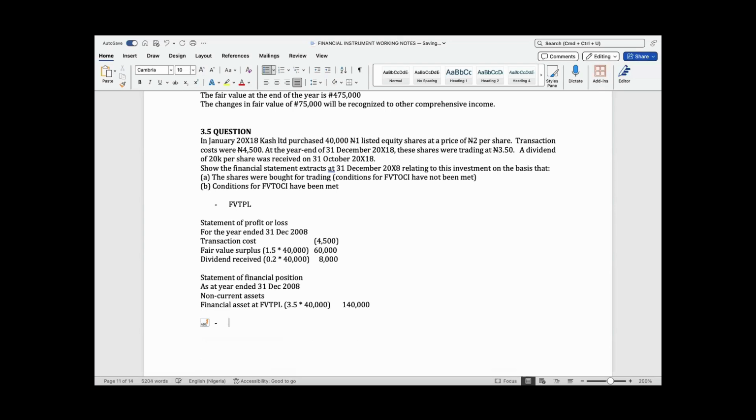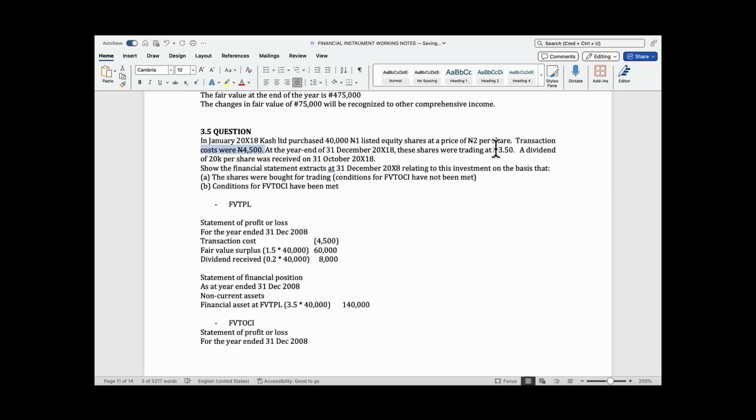The second one is fair value through OCI. If I prepare my statement of profit or loss for the year ended, now my transaction costs will be capitalized, so that will be added to my financial assets.